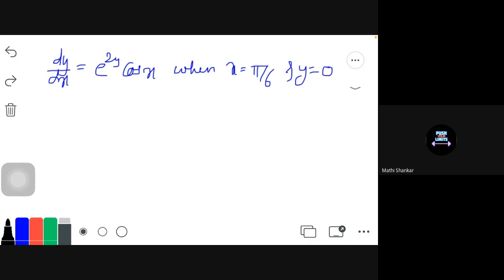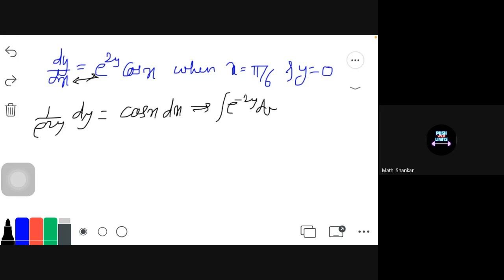So let's solve this. So x should go with x and y should go with y. After that only you will be able to integrate. So I'll get 1 by e raised to 2y dy is equal to cos x dx. So now I can integrate. So integration of e raised to minus 2y dy is equal to integration of cos x dx.